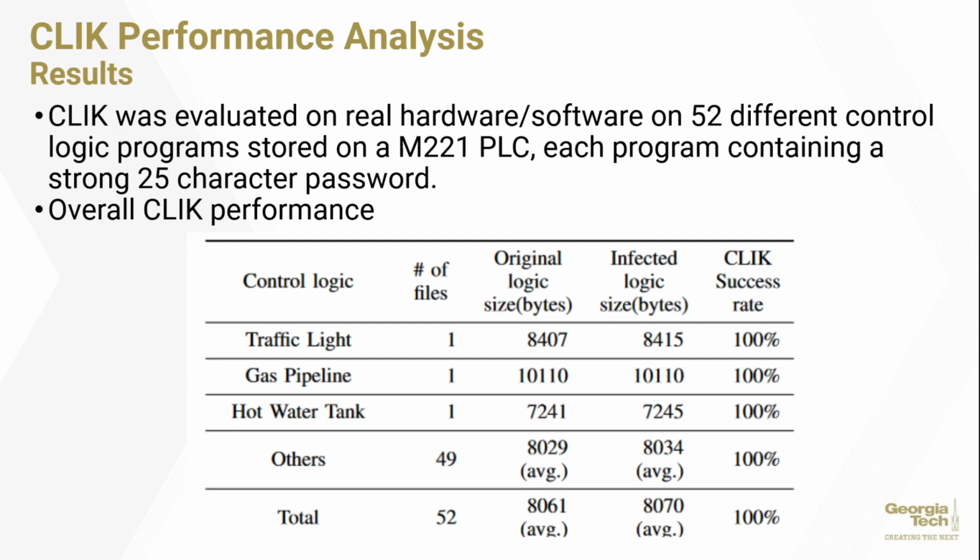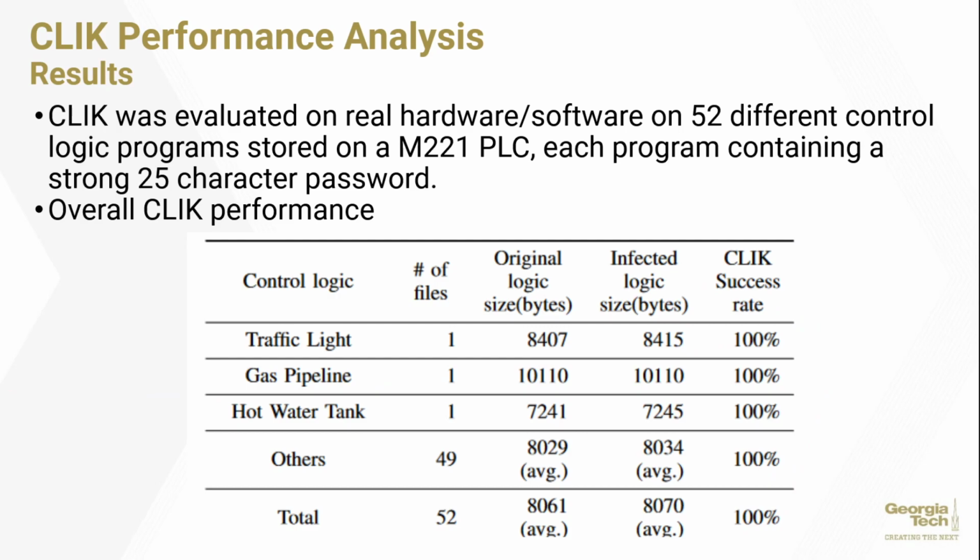Based on these metrics, you can see that in these example programs, they provided an example traffic light, gas pipe, and hot water tank program. The original logic is actually very similar, and in the case of the gas pipeline, it's the same size. The overall success is by and large perfect.